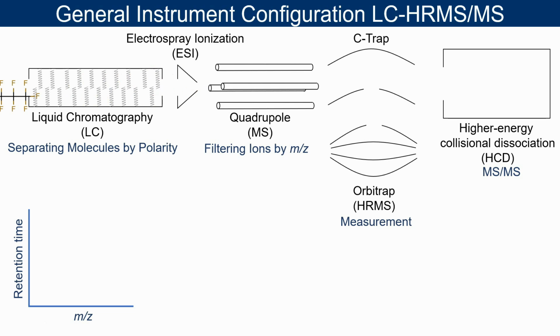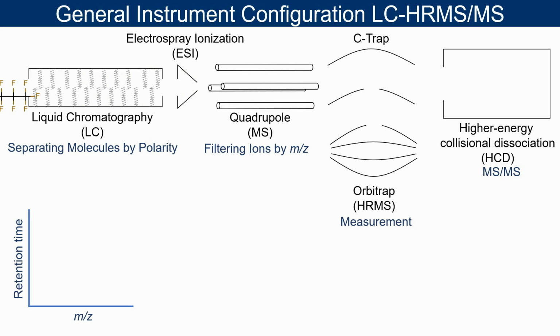Often, for example, for reverse phase, which uses a C18 column, so that's just an 18 CH2 carbon chain, the separation will be based on polarity, with the least polar molecules being retained the most.